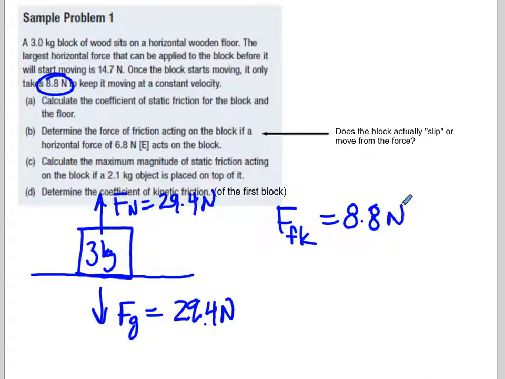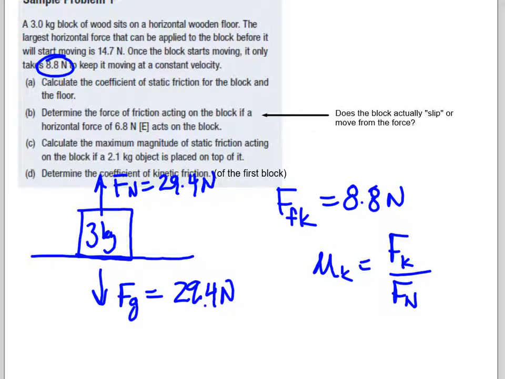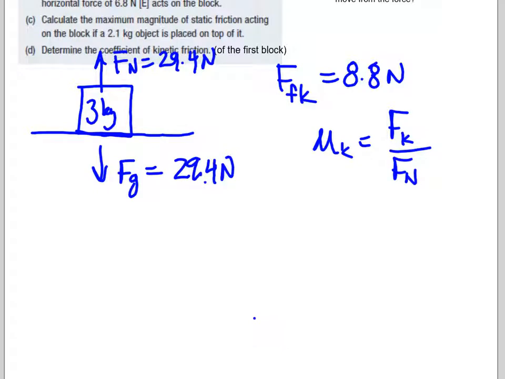So if I set up my equation again, only this time I'm working with kinetic. I'll just put a K in there, and there's Fn. So we have mu kinetic equals 8.8 divided by 29.4.